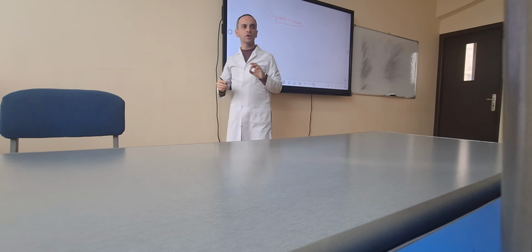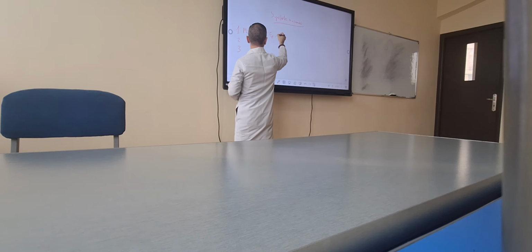I'm telling you now classical systolic murmurs and classical diastolic murmurs. Classical systolic murmurs are these. For example, mid systolic ejection murmur, middle part of systole, typical for aortic stenosis.